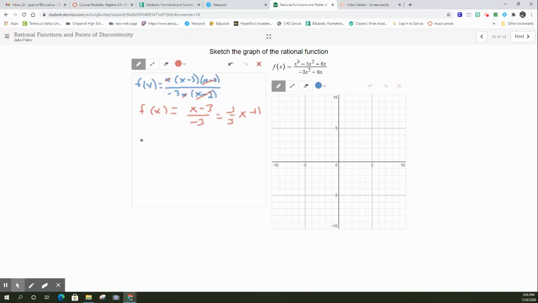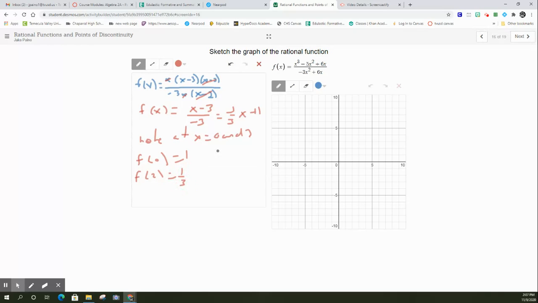So I have a hole at x equals 0 and 2. So I need to plug those into my simplified version and find those. What is f of 0 in the simplified version? That's just 1. f of 2 in the simplified version is negative 2/3 plus 1, so that's just 1/3.